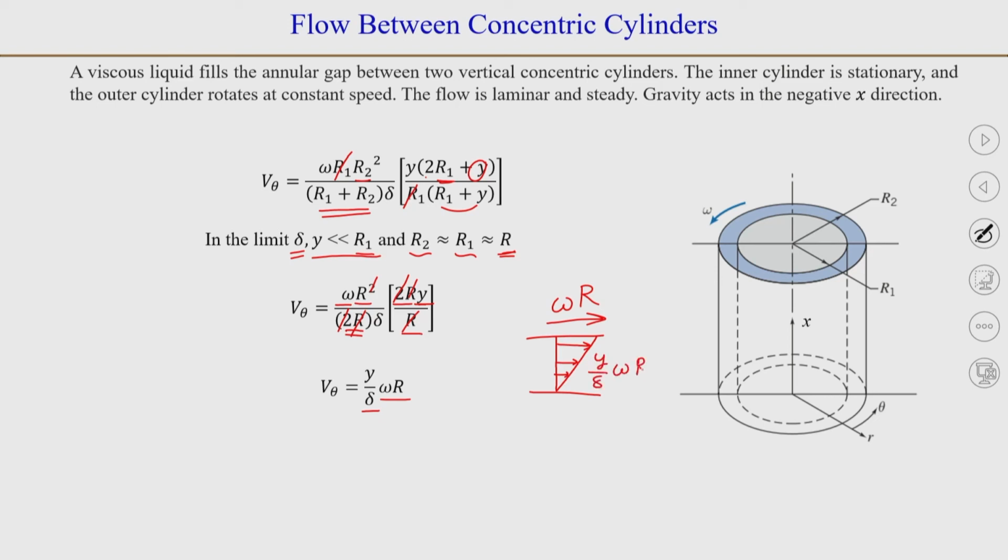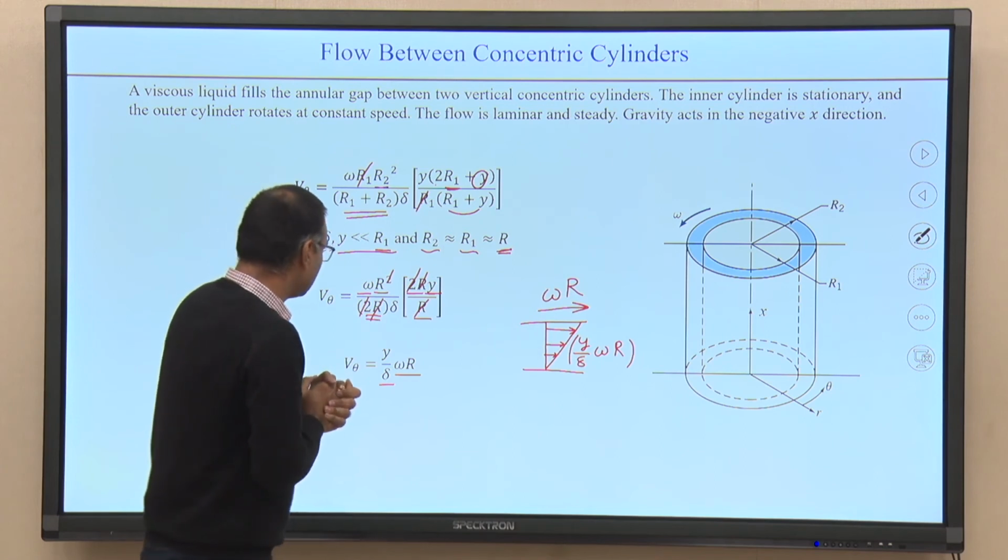omega r. So, in the limit, when the gap between the cylinders is very small as compared with the radius of the cylinder, then you can very well assume the flow to be the flow between two parallel plates.